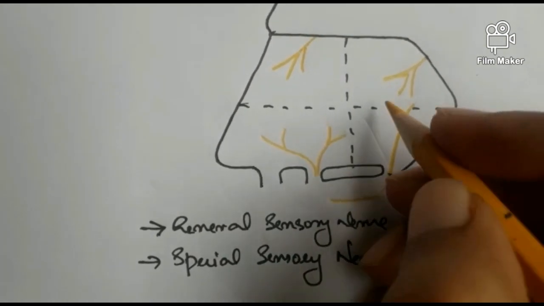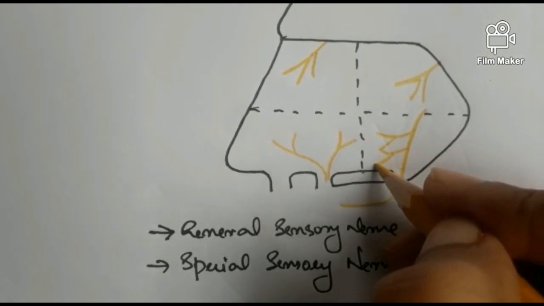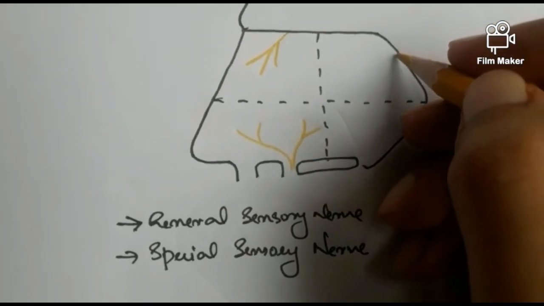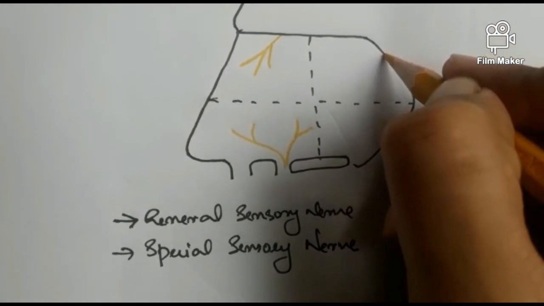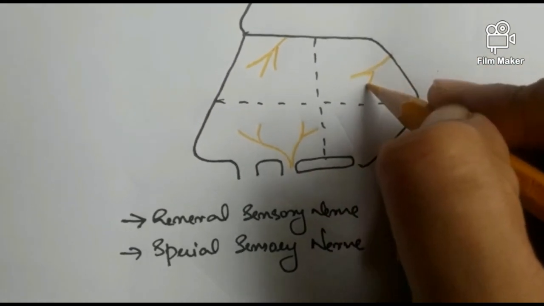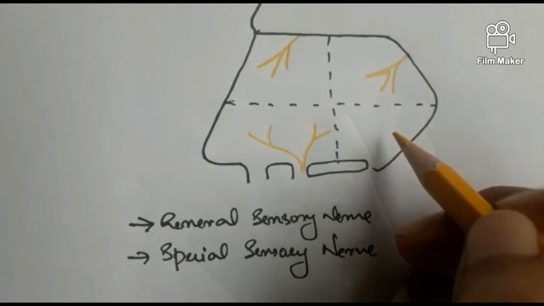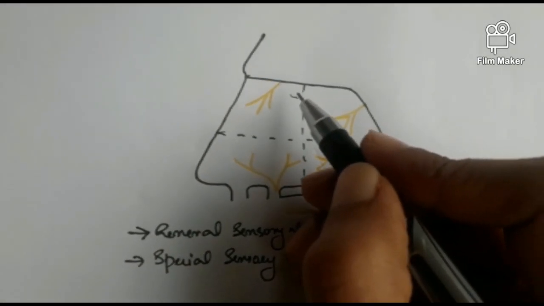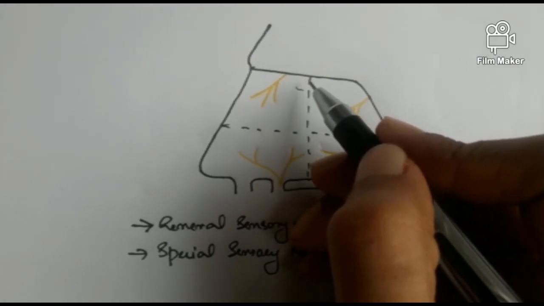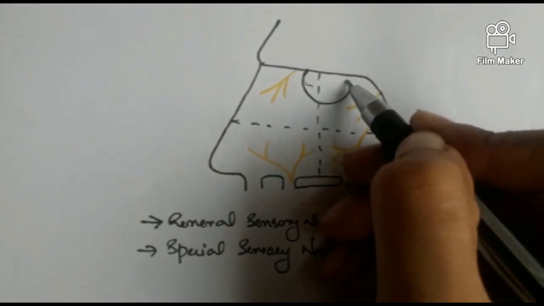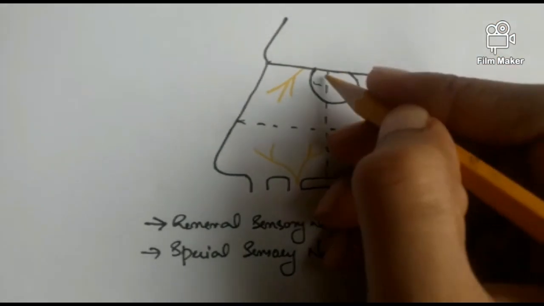The third one, as it is next to the palate, is anterior palatine. And the last one is in the posterior quadrant of the lateral wall, so we can call it lateral superior posterior nasal branch. Next is the special sensory nerve, that is the olfactory nerve.